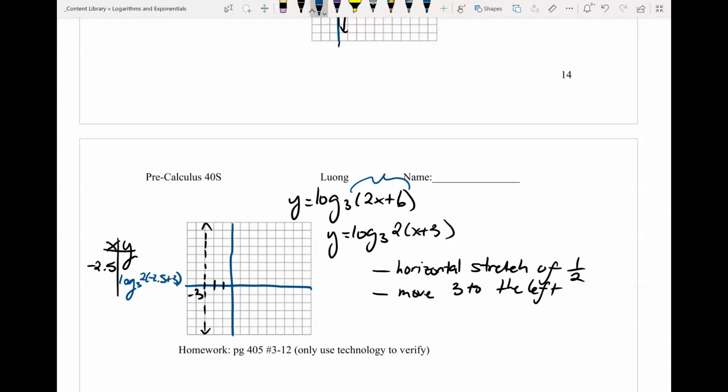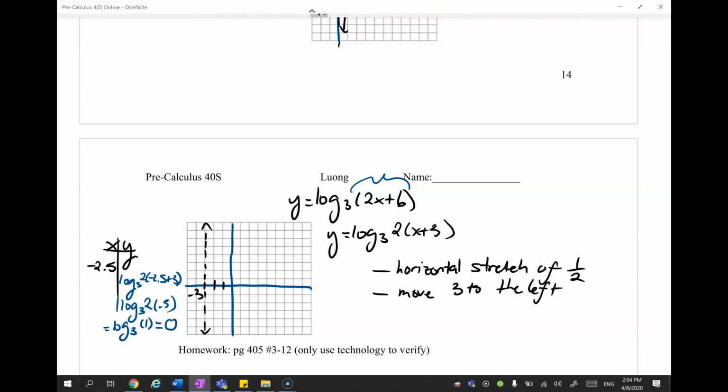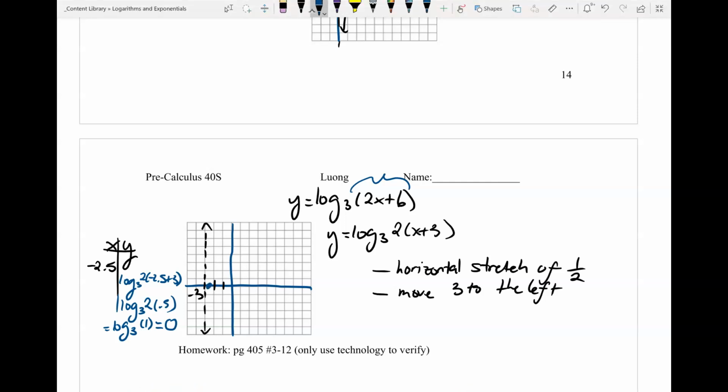After I plug negative 2.5 into log base 3, I'm going to get log base 3 of 2 times 0.5, which is log base 3 of 1, and we know that 3 to the power of 0 gives us 1. So we have a point at (negative 2.5, 0), and then we want to find one other point.